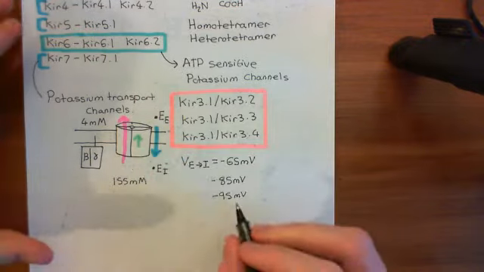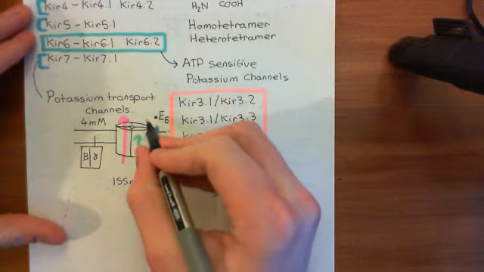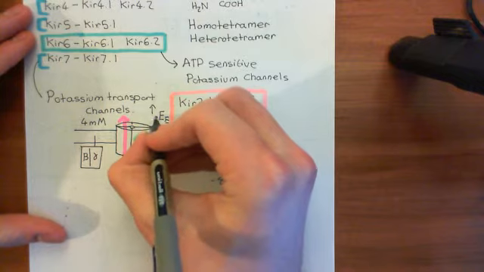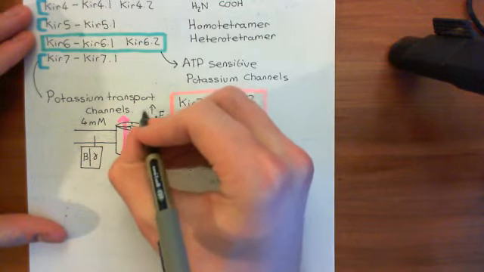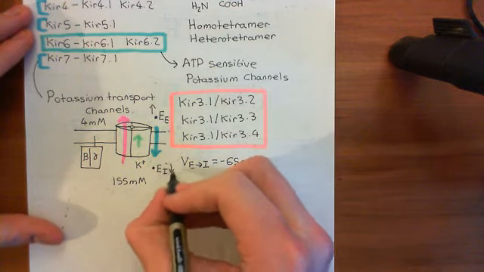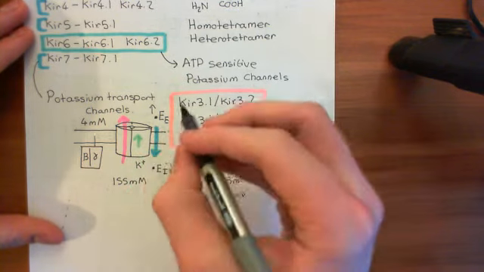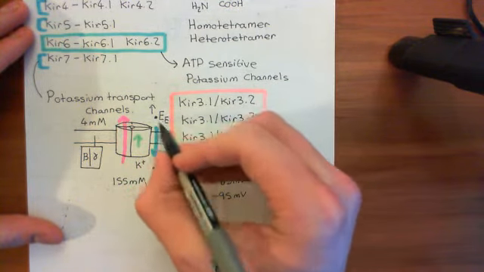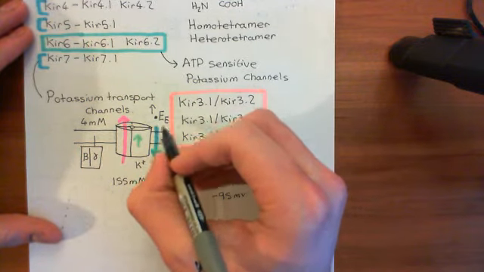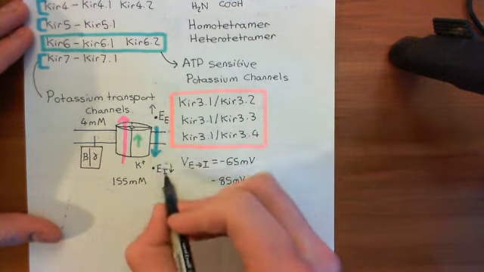Okay, now what does this trigger? Well, we are moving positively charged ions from the intracellular compartment to the extracellular compartment. So we're raising the electrical potential of the extracellular compartment by bringing positive charge into it, and we're reducing the electrical potential of the intracellular compartment by removing positive charge from it. So, if we now ask how much lower is the intracellular electrical potential than the extracellular electrical potential, the answer is the number's going to get bigger, basically, because we're raising this number and lowering this number.